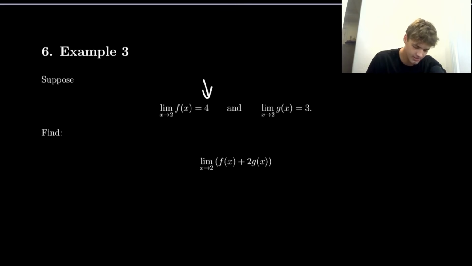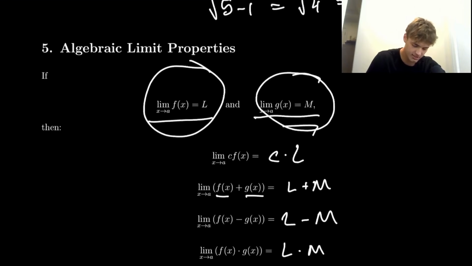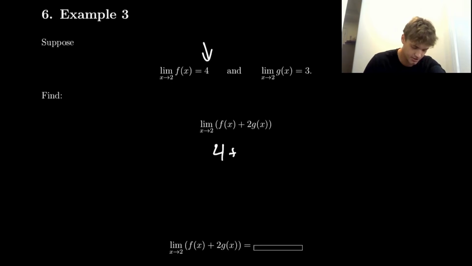What we know is that this function f of x equals 4 as x approaches 2. So we can just add that limit. And then g of x goes to 3 as x approaches 2, but because there's a constant in front, we can use this property to just multiply that constant times our limit. So it's 4 plus 2 times 3. And that's going to give us 10.